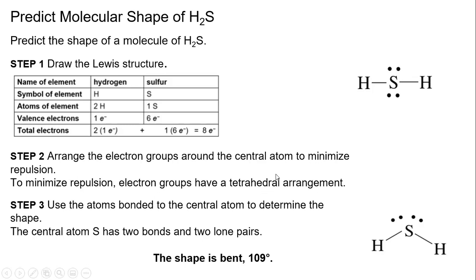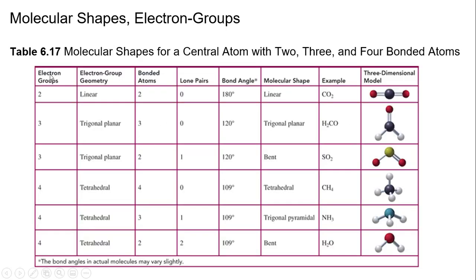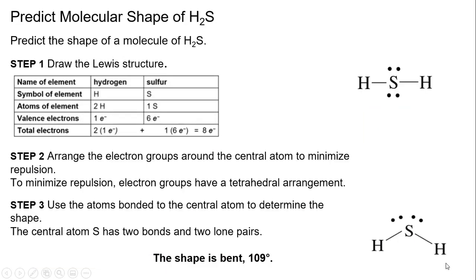So if we look back, this is 4 electron groups, but 2 lone pair. So we go here, 2 lone pair, and 2 bonded. So this is going to be angles of 109, and it's bent. So the lone pairs are going to be here and here, and we're going to draw this as a bent molecule. And that's what you see here. You see it drawn as a bent, and this is a 109-degree angle.